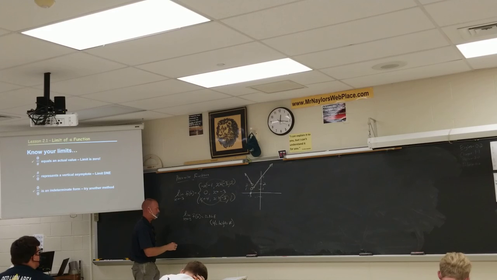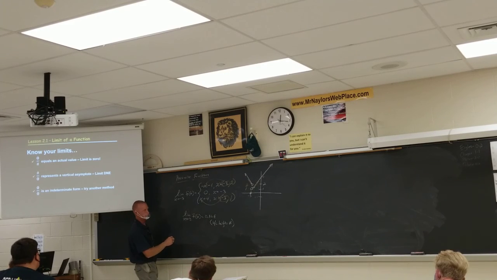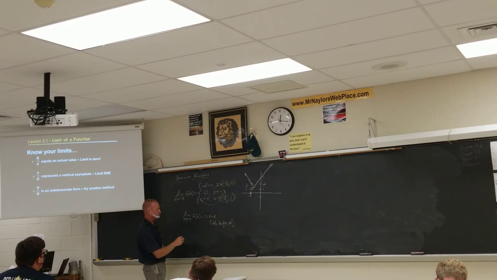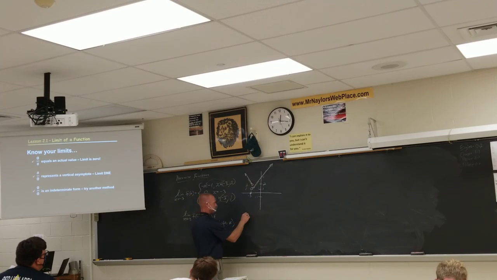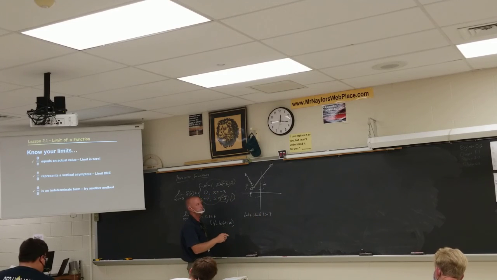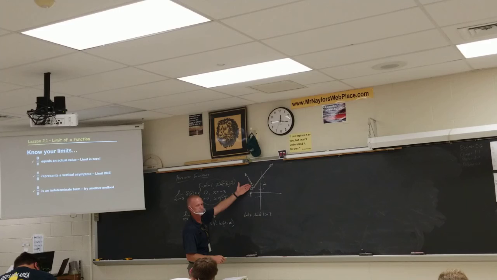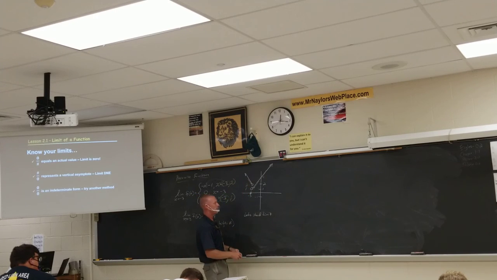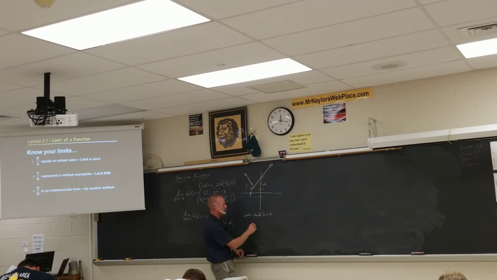Now, the left-hand limit is the limit as I come in from the left. As I come in from the left, I end up with a limit, an intended height. And I denote that with a little negative sign.